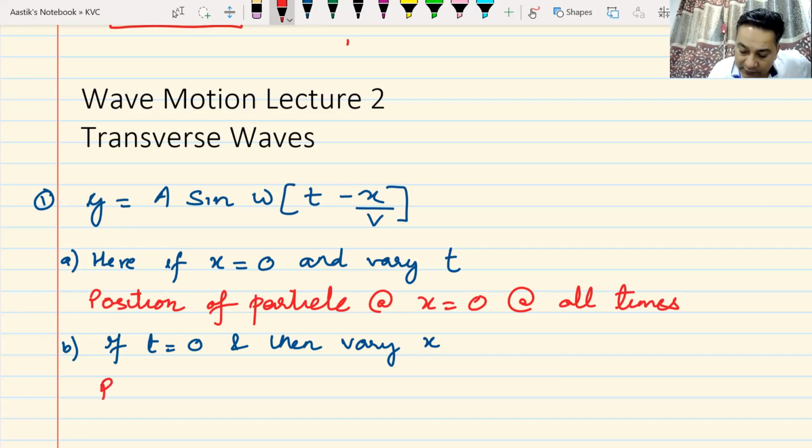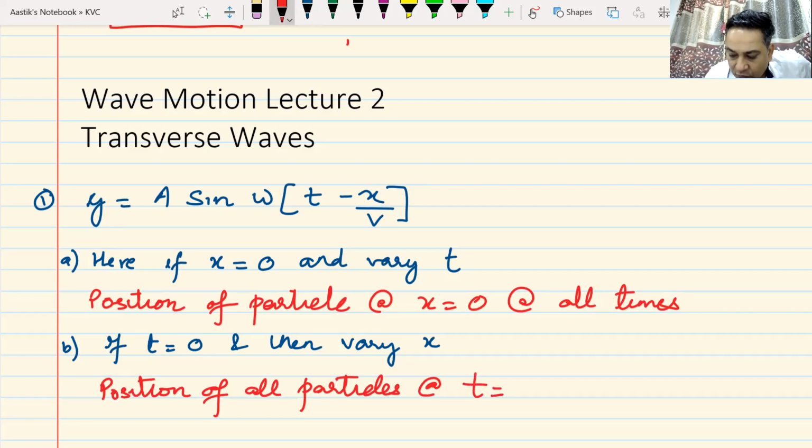I will get the position of what? Position of all particles at time t is equal to 0, or I will get a snapshot or a picture of the wave at that given time.